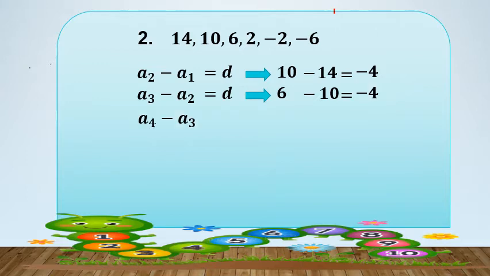a sub 4 minus a sub 3 equals d. We have 2 minus 6 equals negative 4. a sub 5. Ang fifth term ay negative 2. Ito, fifth term.